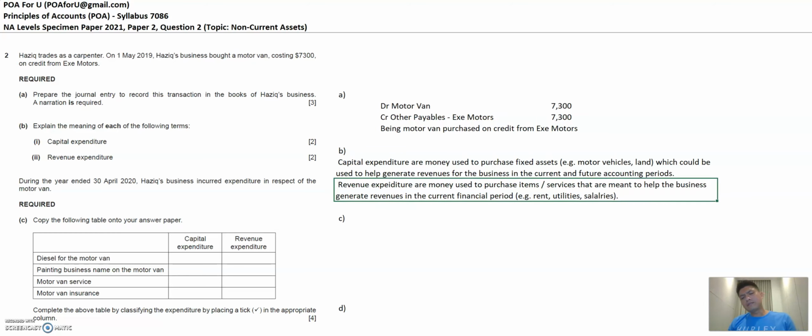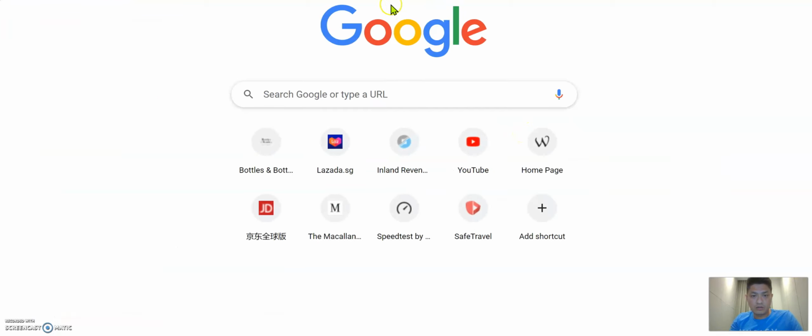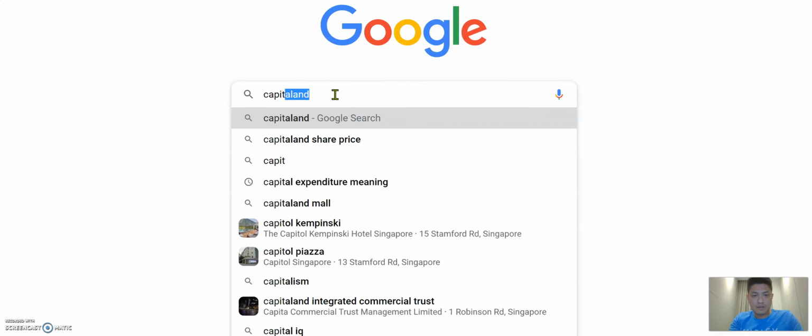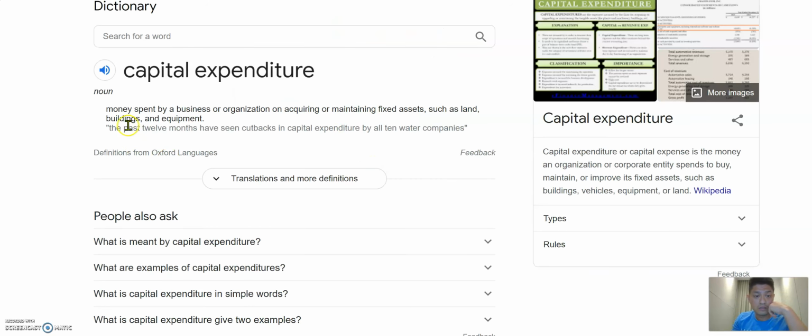All right, and sometimes with these kinds of questions that are qualitative in nature, if you have doubt and you can't find it in your textbook or your study materials, Google it. There are plenty of resources out there, and if I were to open Google and type in capital expenditure meaning, it tells us money spent by the business to acquire or maintain fixed assets or buildings, right?